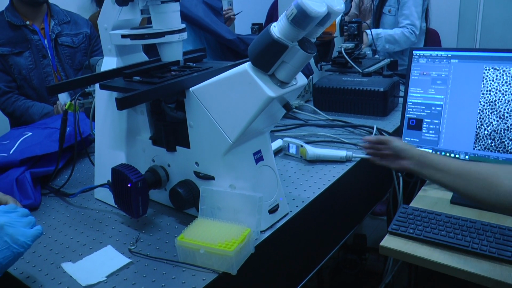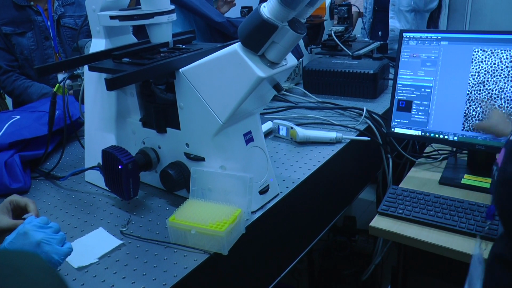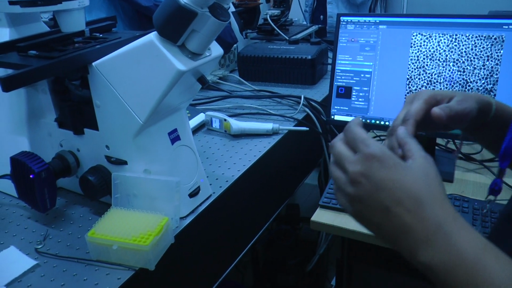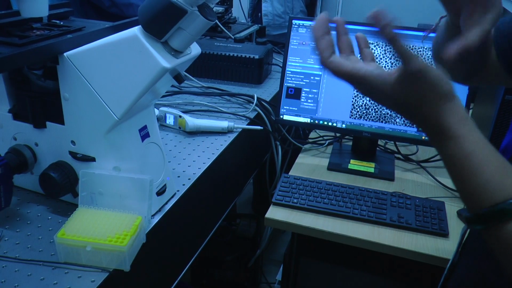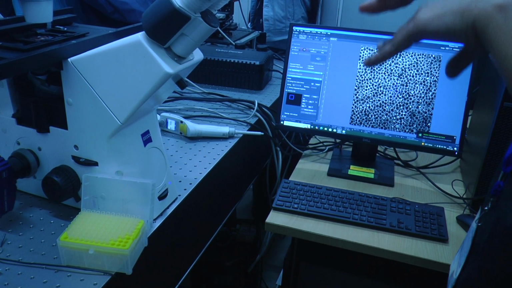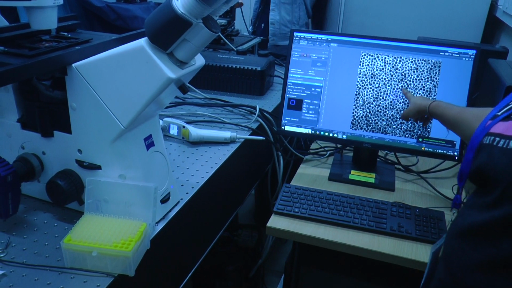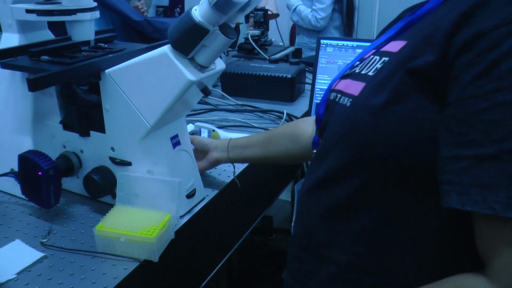But they are bloated, because you can see that there is no contrast in the center region, right? If you look at the normal red blood cell, there will be a dark region in the center because it's bent inside, a biconcave shape, and the bulge is at the edge. But here it's bloated, because of which it's uniform. This was the hypotonic cell.